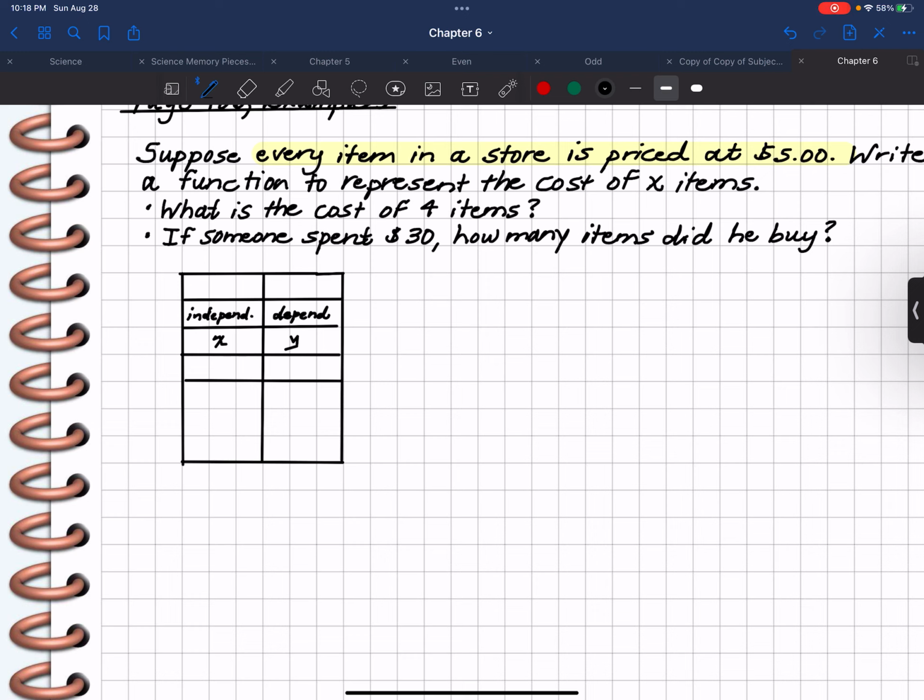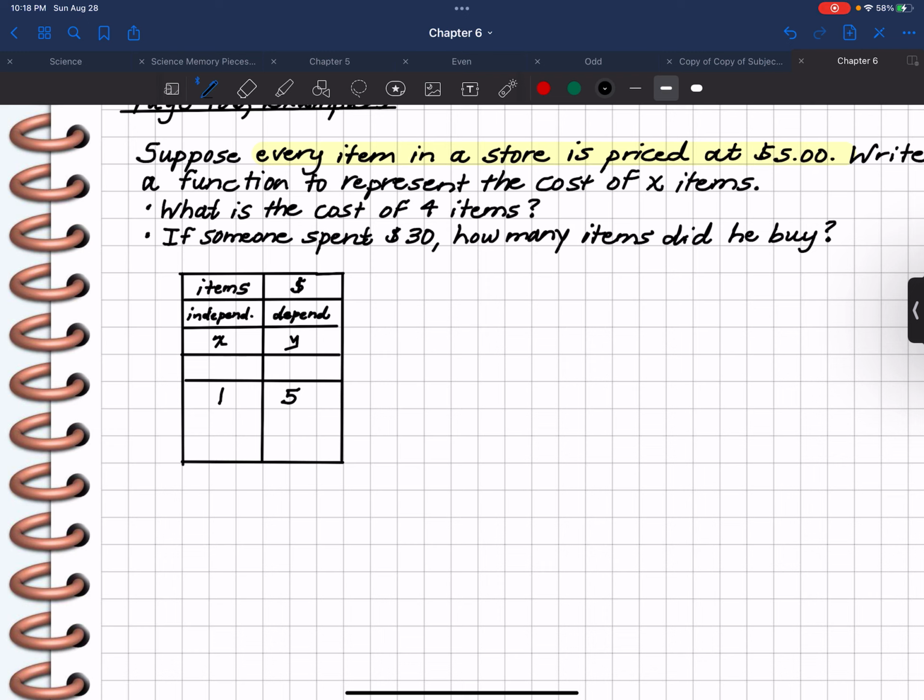All right? So the dependent variable is the amount of money I'm going to spend. The independent variable is the number of items I'm going to choose. So if I choose one item, how much will I pay? I will pay 5.